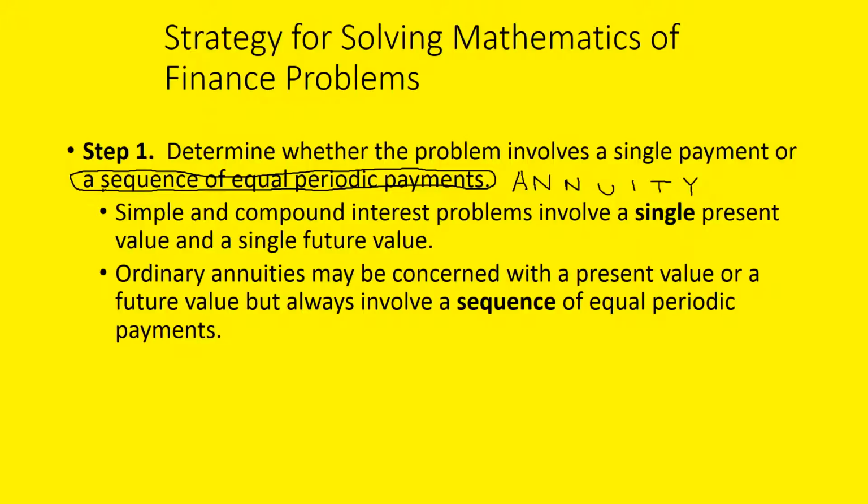If it's a single payment, then that might have been a simple interest problem or maybe a compound interest problem. Simple and compound interest problems involve a single present value and a single future value. Ordinary annuities may be concerned with a present value or a future value, but always involve a sequence of equal periodic payments.